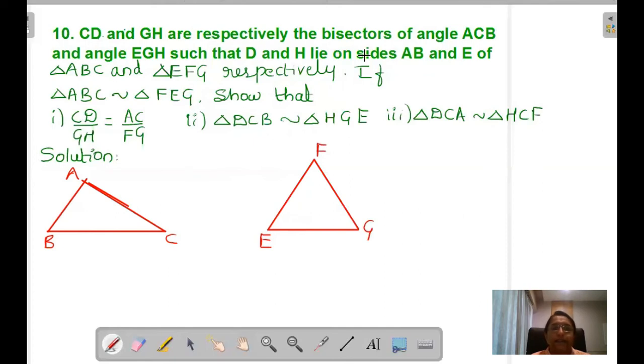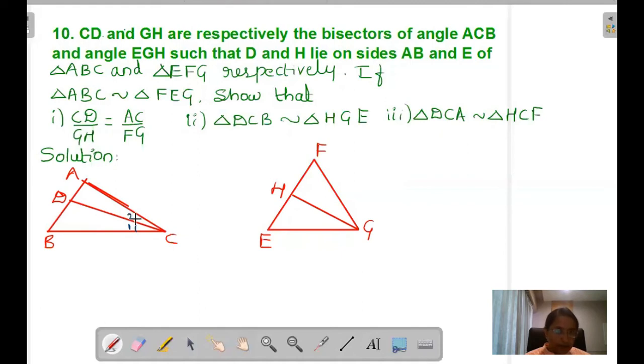CD and GH are bisectors of angle ACB and angle EGF. So here this is C, D, and here G, H. And here angles, let this be angle 1.